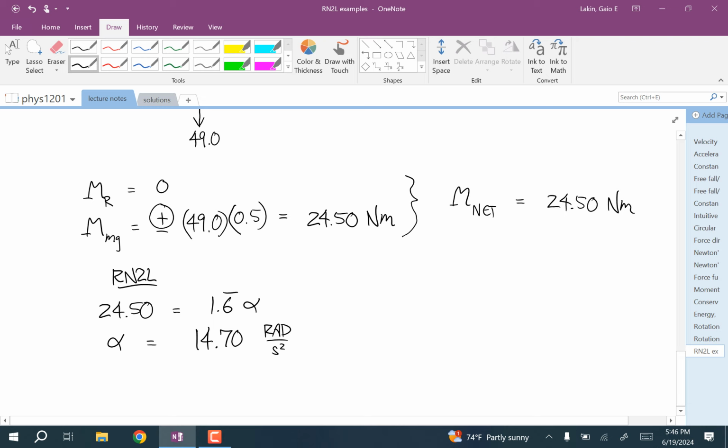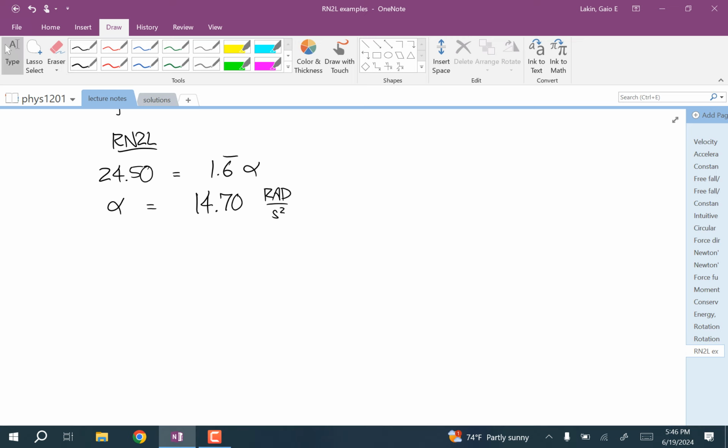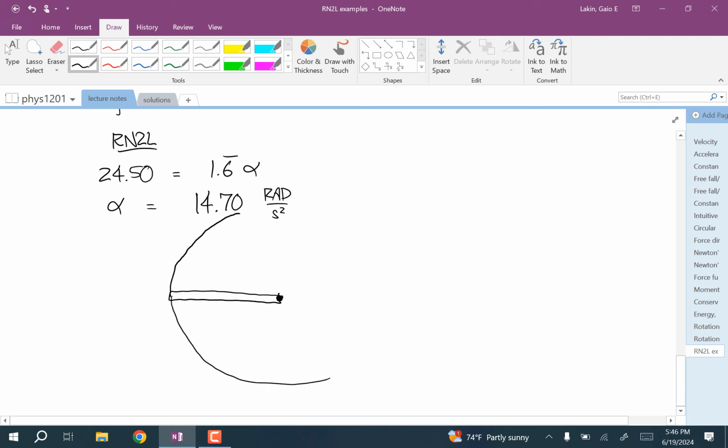Now that we have the angular acceleration, all we have to do is the circular motion part. So if this is the beam and the rotation is about this point here, then the circle of the path is going to look like that. Okay.